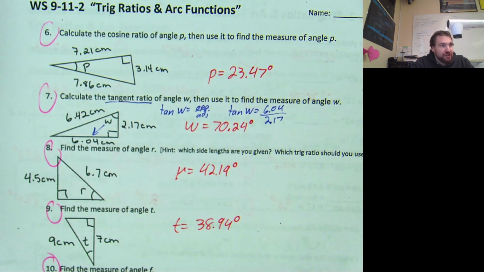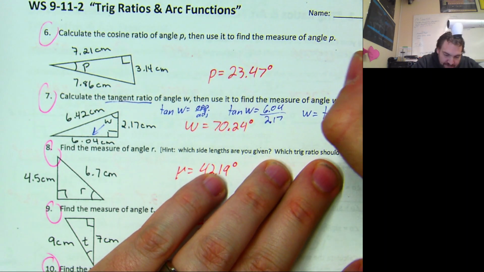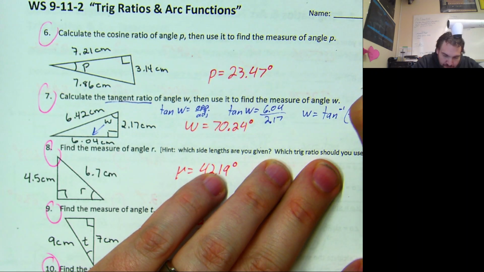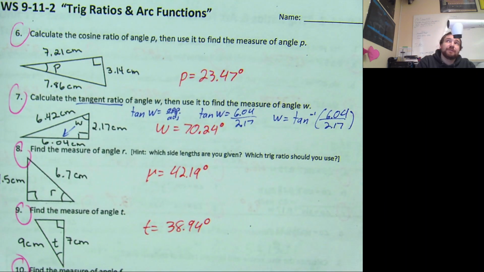And I want you guys to actually show your work here. Then W is going to equal the tan inverse of 6.04 over 2.17. That's what you're going to shove into your calculator, and that should give you 70.24 degrees. Does that procedure make sense?